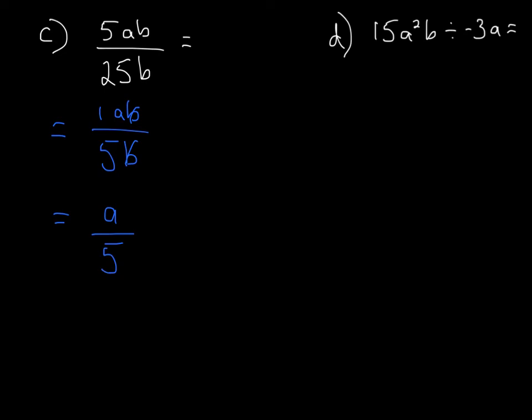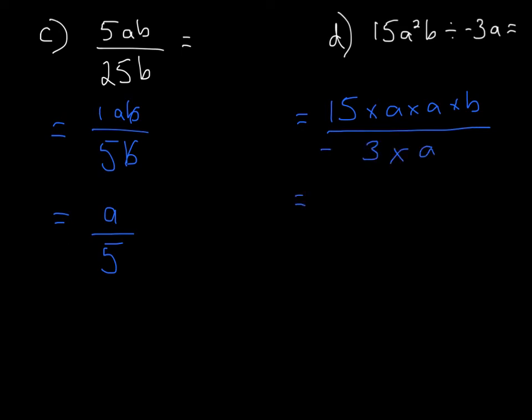The next one, I'm going to rearrange it a little bit, so it's 15 multiply by a, multiply by a, multiply by b, over negative 3 times a.